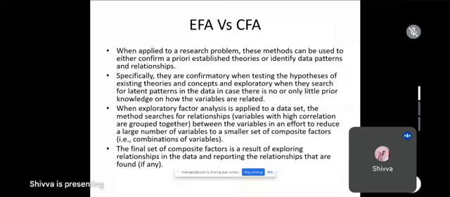We use the confirmatory factor analysis, while when we just explore the factors, we don't have any idea what the conceptual framework is, what variables we will include, and what the correlation between those variables is. We use EFA. So EFA is the first step.